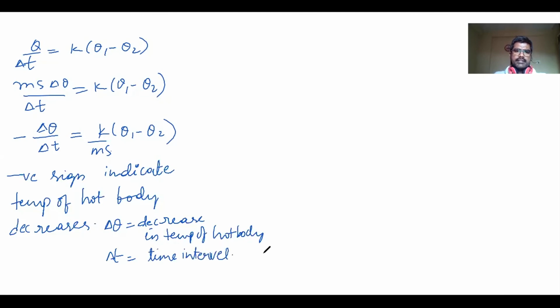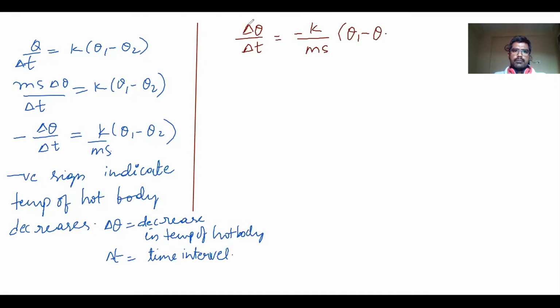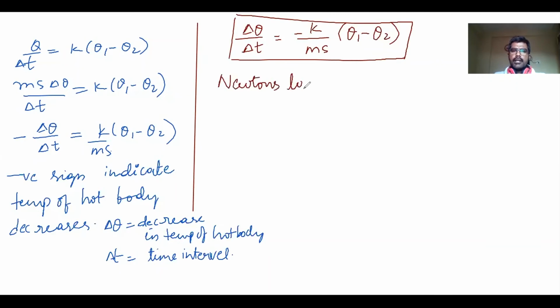So from this you can simply write the equation which is derived here: delta theta divided by delta T is equal to minus K divided by ms into θ1 minus θ2. And this is the equation for Newton's law of cooling.